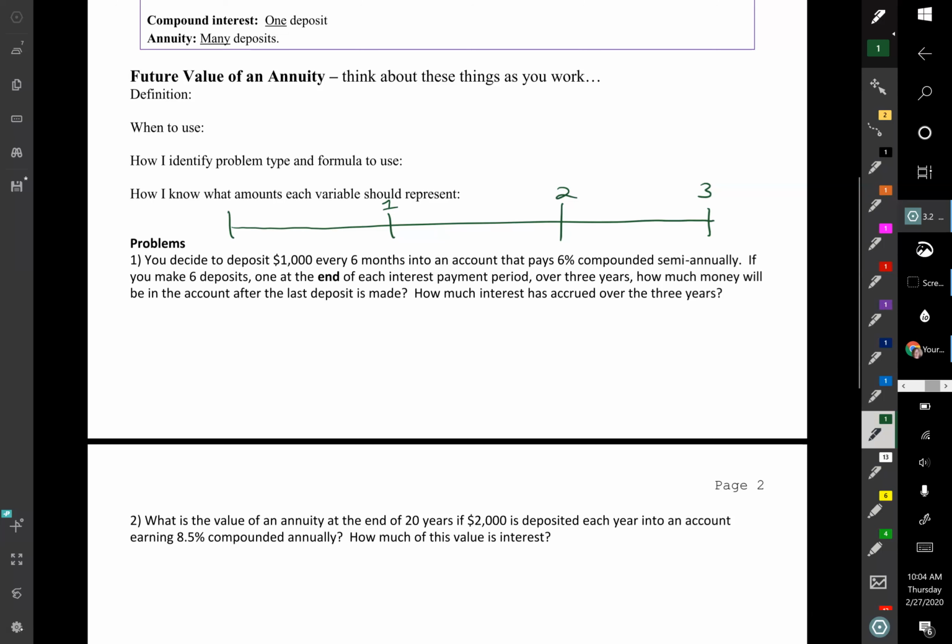It says you decide to deposit $1,000 every 6 months. So what I'm doing here is, at the end of the first 6 months, I put in $1,000 right under here.